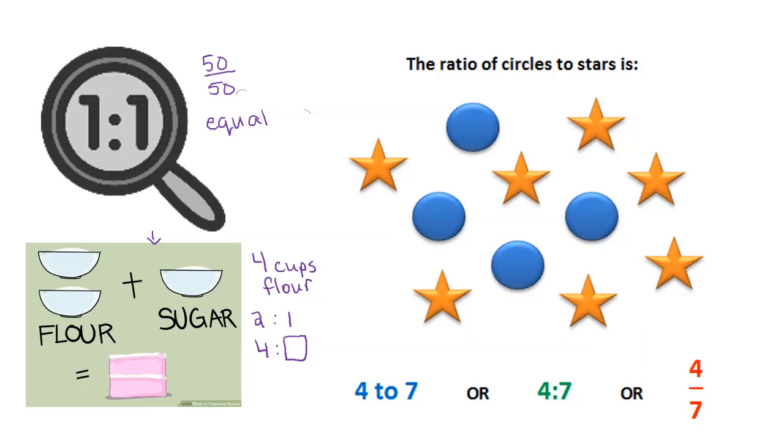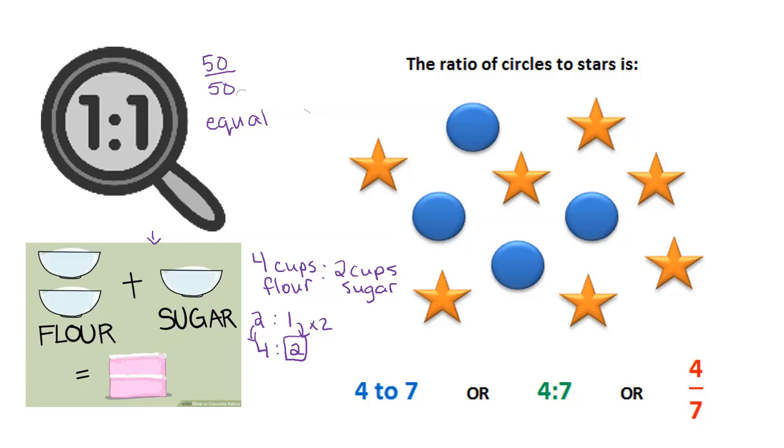What did I do to the 2 to turn it into a 4? Well, I multiplied it by 2. So that's my magical recipe. I must do that over here. I must times it by 2. And 1 times 2 is 2. So if I have 4 cups of flour, I need to have 2 cups of sugar.